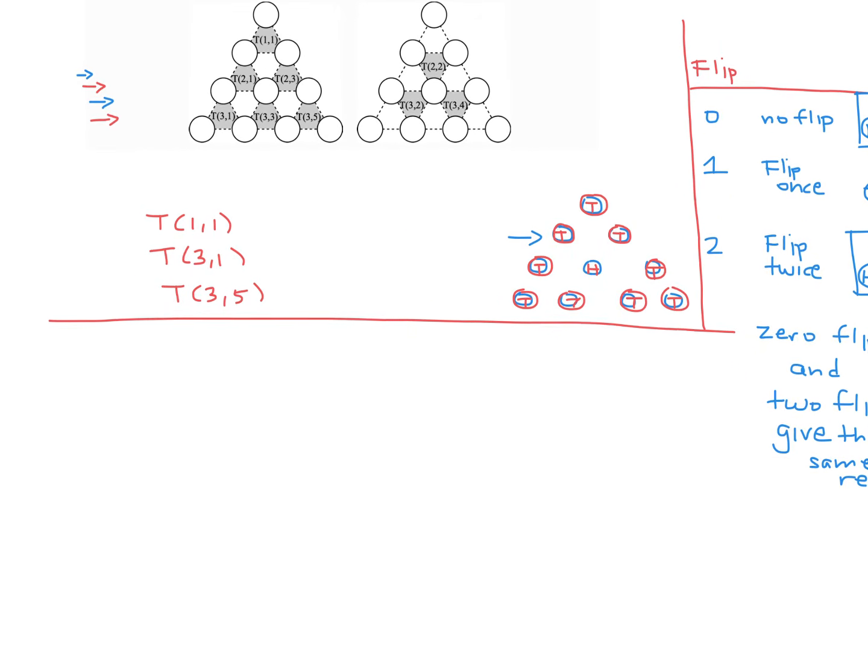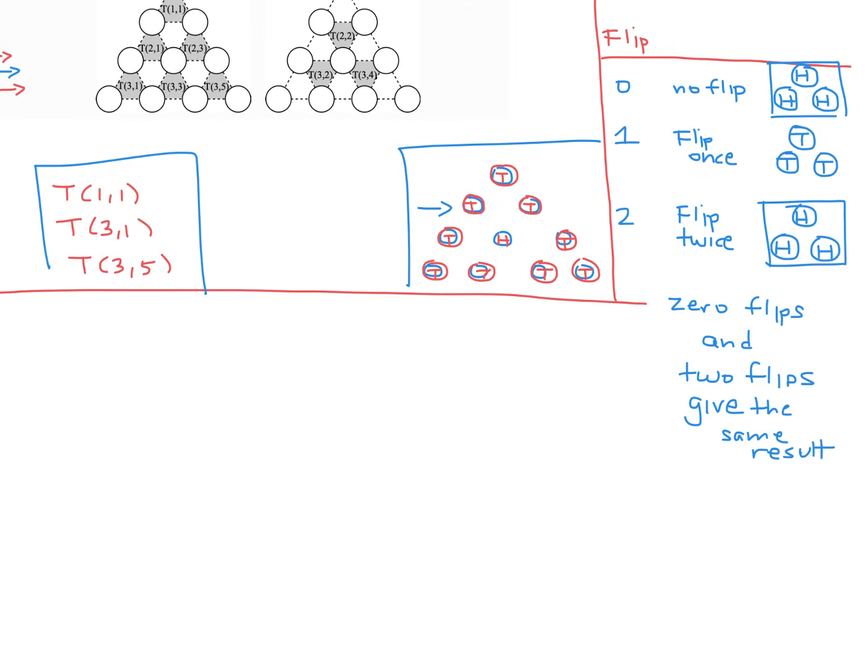Okay, so let's go back to what we were doing. So we got here with these 3 moves, right? That's pretty good. So now let's see what we can do. Can we make this work? Now, if we flip something once, we get a different result.